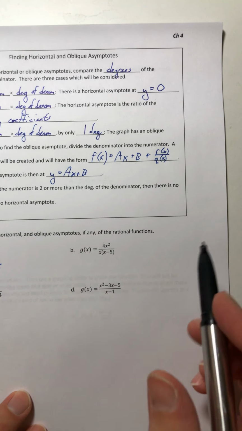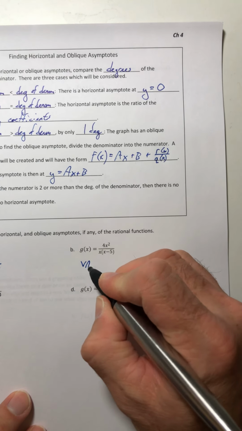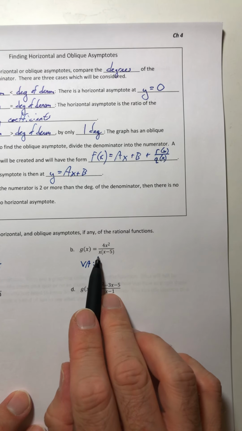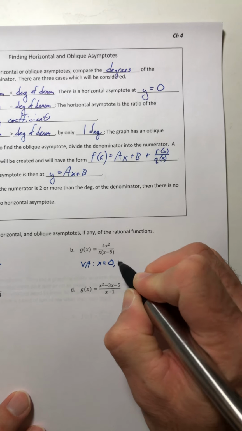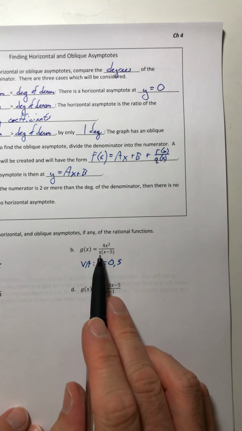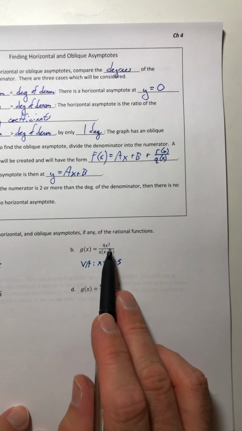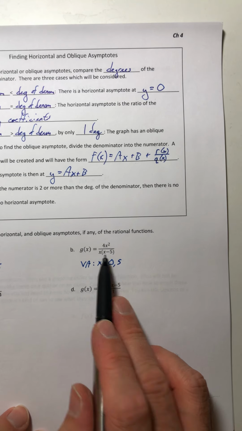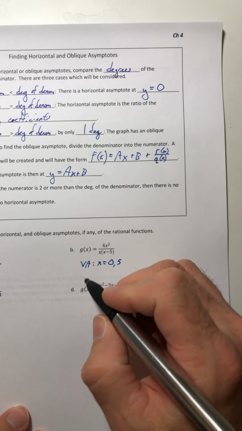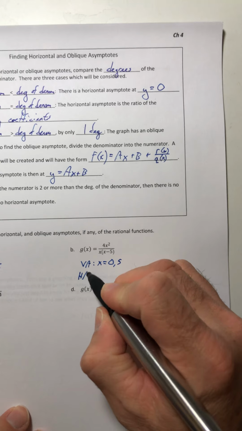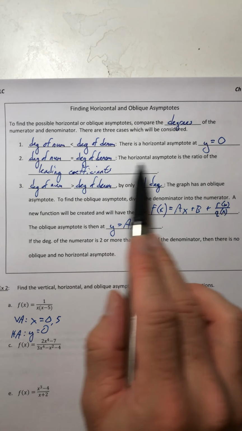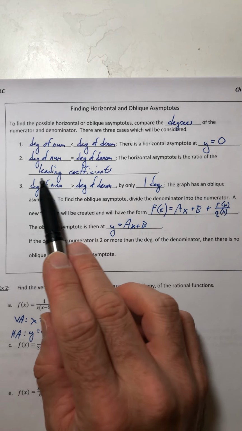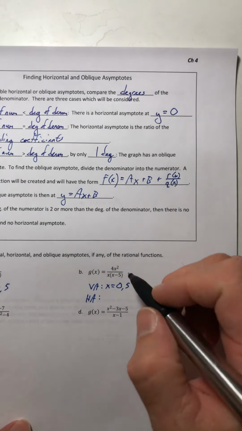All right, part B, you have vertical asymptotes at 0 and 5. The degree of the numerator is 2, which is the same degree as the denominator, so now it's a tie. When they're equal, the horizontal asymptote is the ratio of the leading coefficients.